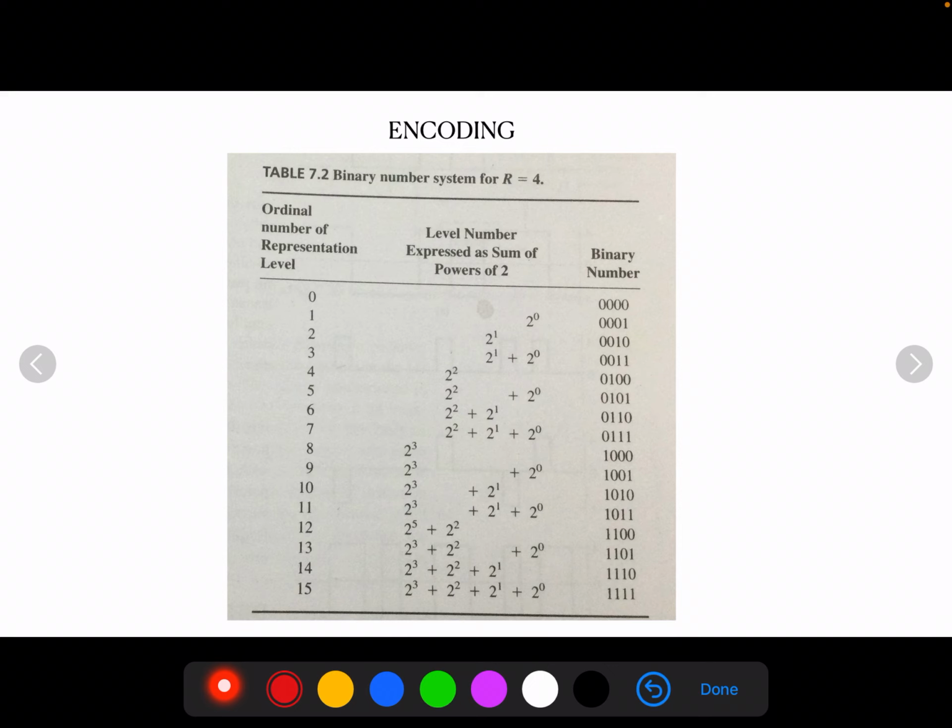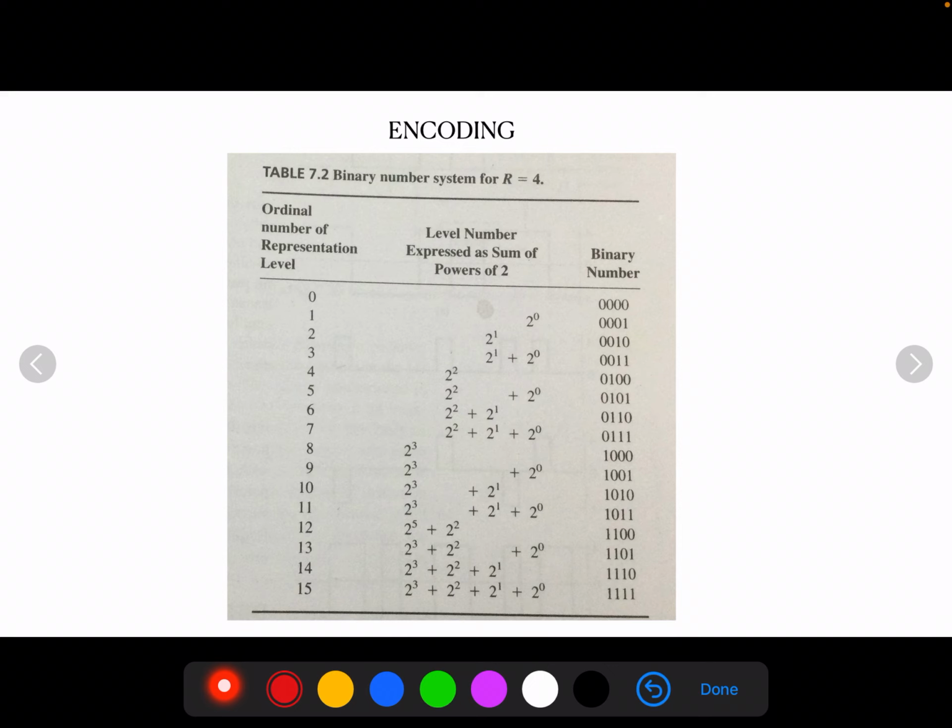For example, a sample quantized into one of 256 levels may be represented by an 8-bit code word. There are several ways of establishing a one-to-one correspondence between representation levels and code words. A convenient method is to express the ordinal number of the representation level as a binary number.